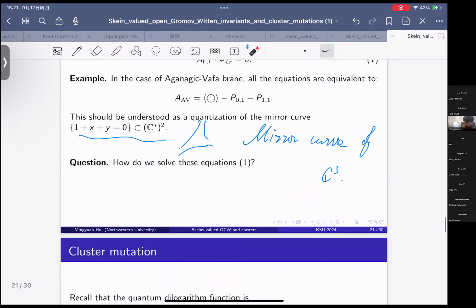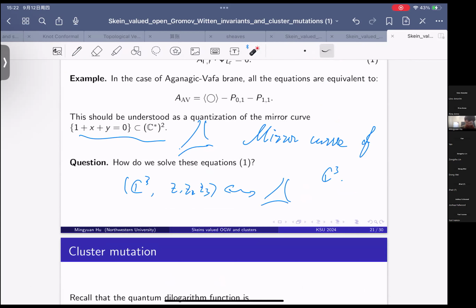Roughly speaking, people say that for a toric Calabi-Yau, for example C3, it's an LG model. Here, the superpotential in this case is this one, and it's mirror to this pair of pants. The story comes from mirror symmetry, and there are some physical reasons.